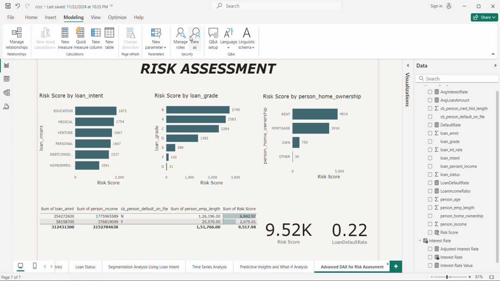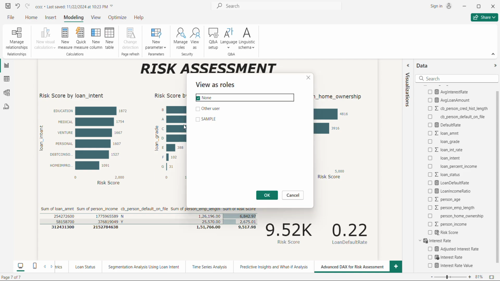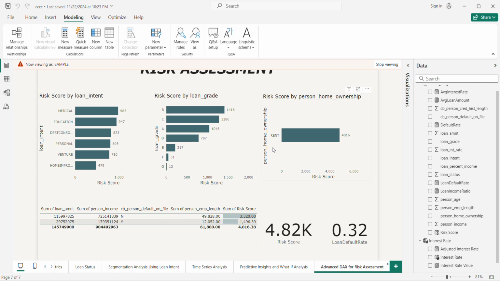If I click on View As, it shows all the data of rent only. It is used as security, if you want a person to see only the data of rent.